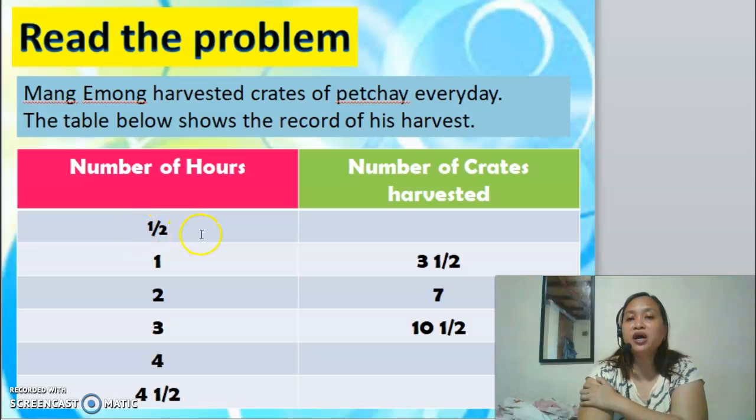So we have 1/2 hour, with no harvest at all. For 1, you have 3 and 1/2. 2, you have 7. 3, you have 10 and 1/2. 4, you have none. And 4.5, you also have none.